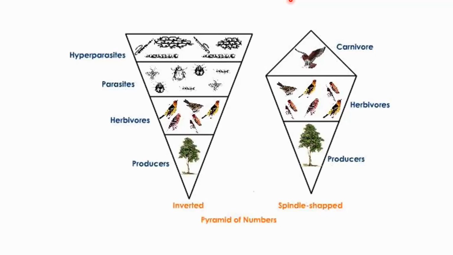There might be one or two carnivores present on the same tree. So this is an example of a spindle-shaped pyramid of number, where the base is narrower, then it becomes broad, and then it becomes narrower at the apex again.